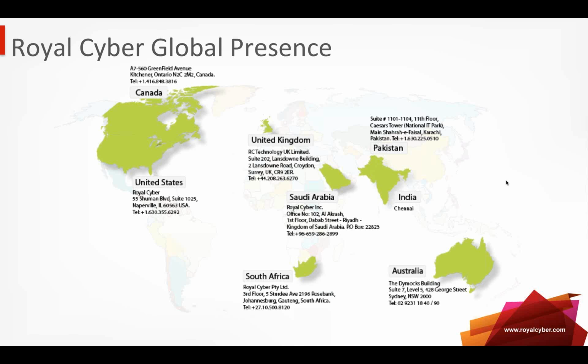From a global perspective, we are stationed on a lot of different continents. We have a big office in the United States, headquartered out of Chicago. We also have offices in the UK, Pakistan, India, South Africa, and Australia.